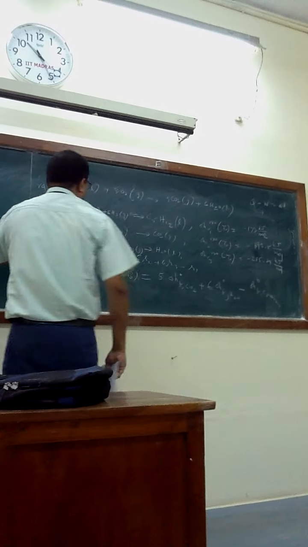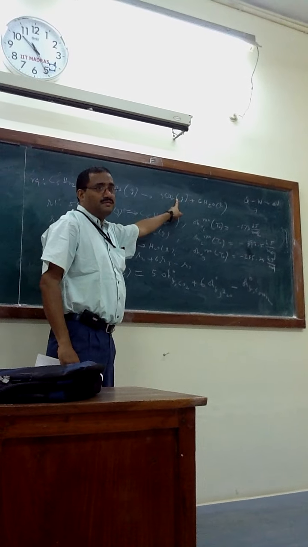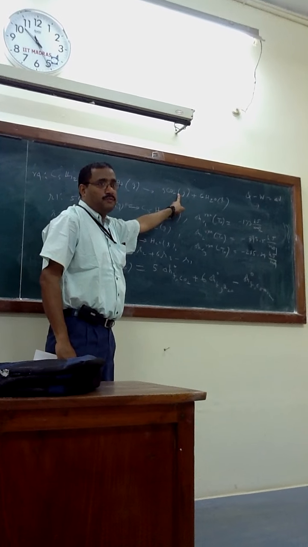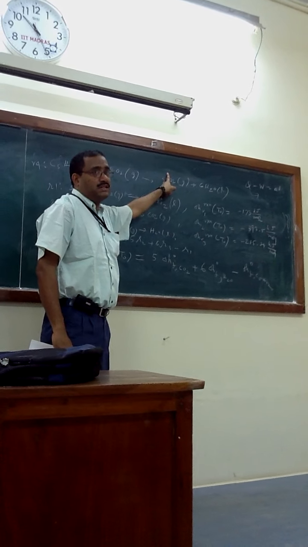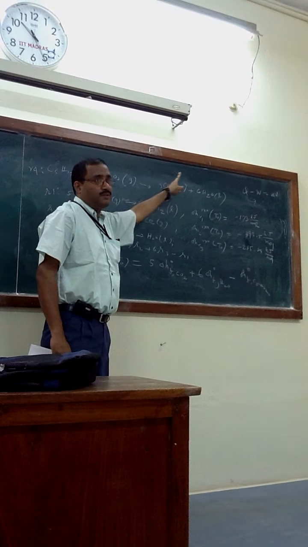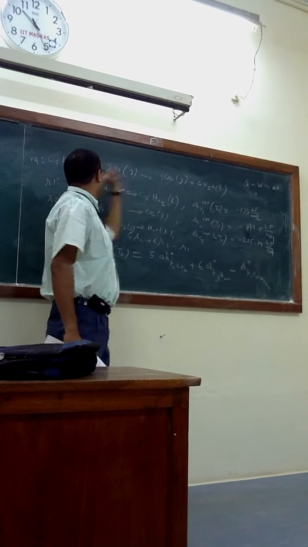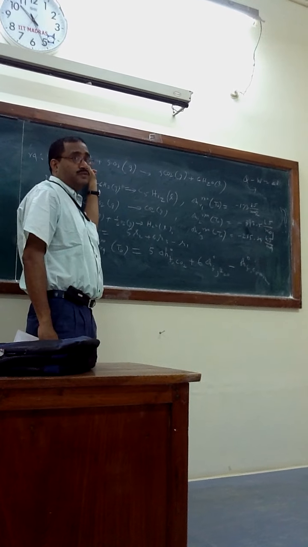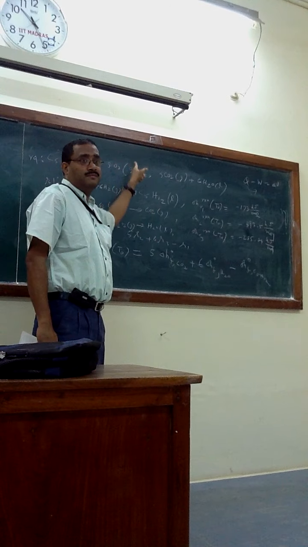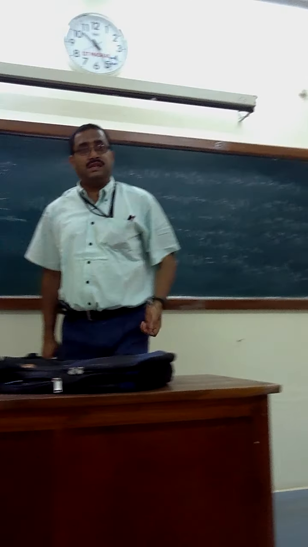Now look at the stoichiometric coefficients. What I said in the very beginning, the heat of reaction is 5 times the heat of formation plus 6 times the heat of formation minus the heat of formation of C5H12. This is not counted. So this is now proved.